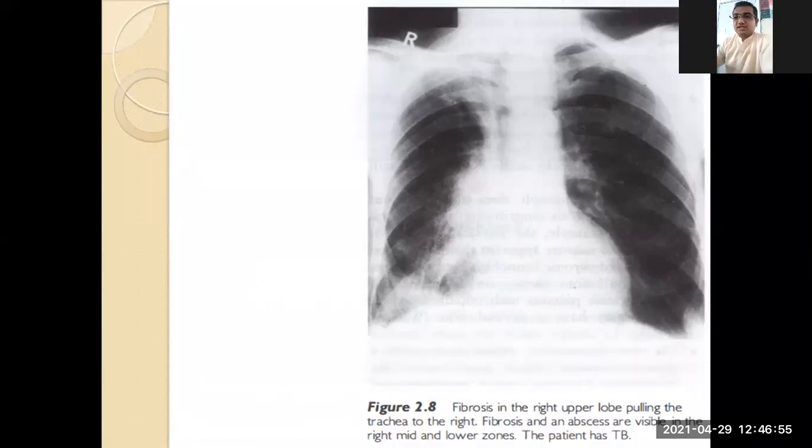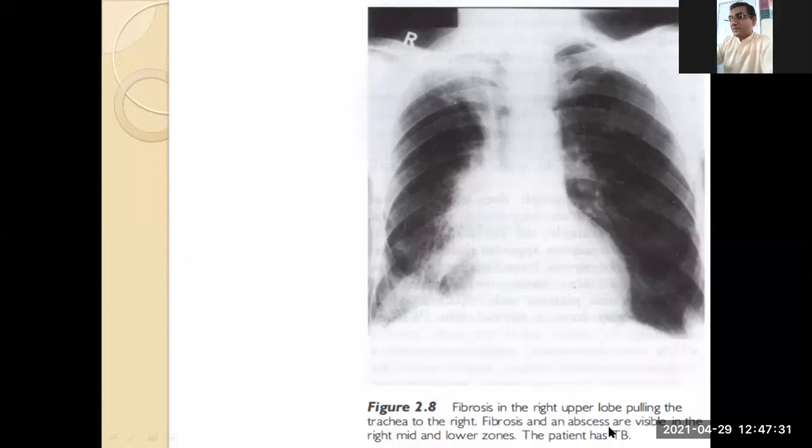In this X-ray, there is fibrosis in the right upper lobe, pulling the trachea to the right side. You see a whitish haziness over the right-sided upper lobe. There is a collapse. Fibrosis collapse, so automatically there will be more pressure on the left, so there will be a deviation to the right. So tracheal deviation towards the right side.